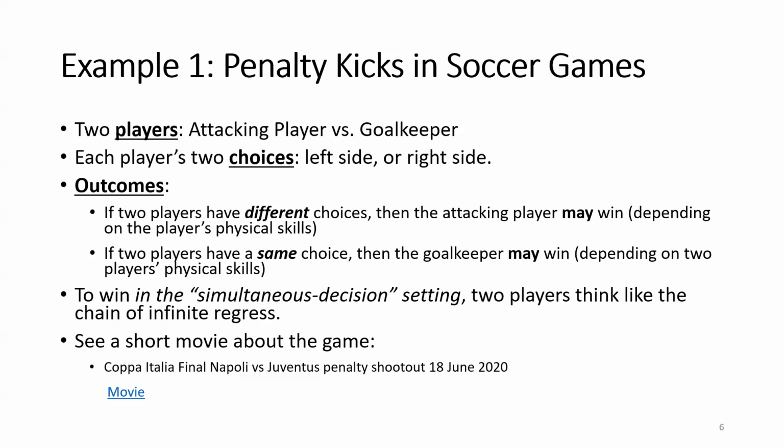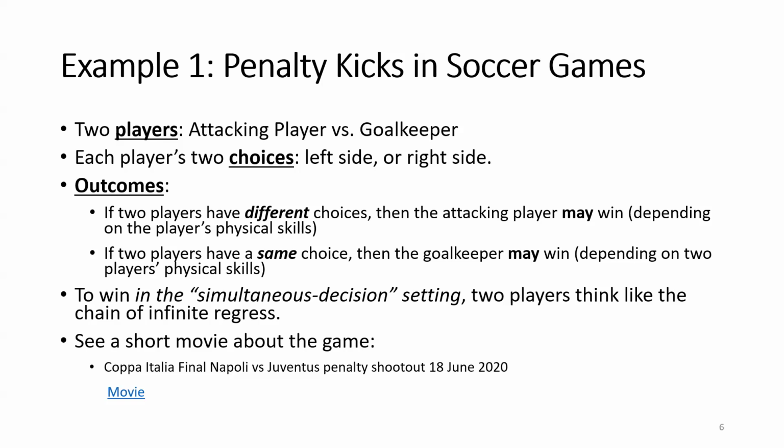If two players have different choices, different directions, then the attacking player, the penalty kicker, wins, but also depending on the player's physical skill. Later in chapter 4, we will use mathematics to analyze this game.